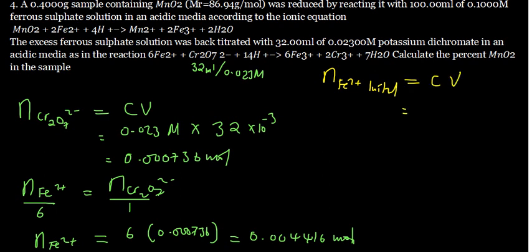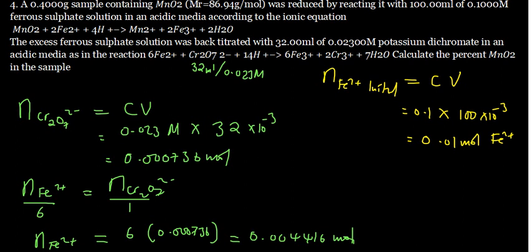The concentration is 0.1 times the volume, which is 100 mL, so multiply that by 10 to the power negative 3 to convert also to liters. So 0.1 times 100 divided by 1000. That is going to give us 0.01 moles of iron 2 plus which are present initially.